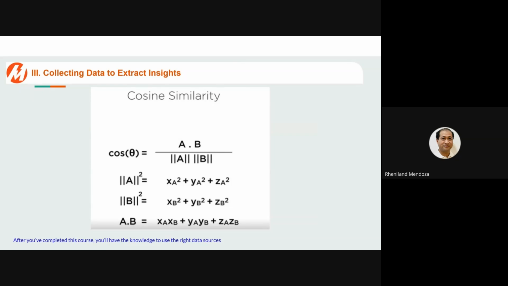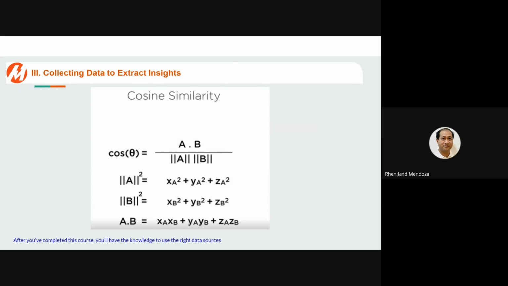In the numerator, we have the dot product of the two vectors a dot b. And in the denominator, we have the magnitude of a multiplied by the magnitude of b. The formula for the square of the magnitude of vectors is, as you can see here on the screen, we have magnitude of a squared and b squared.